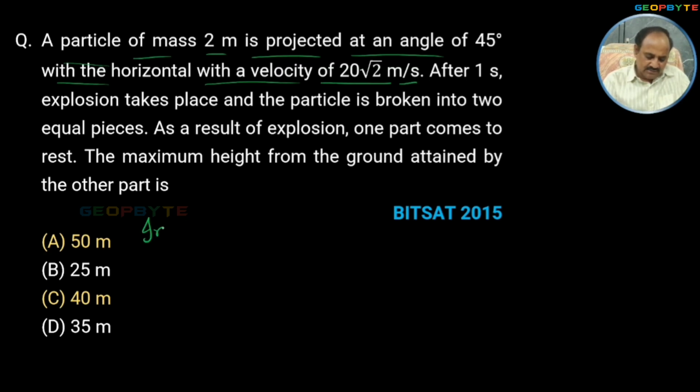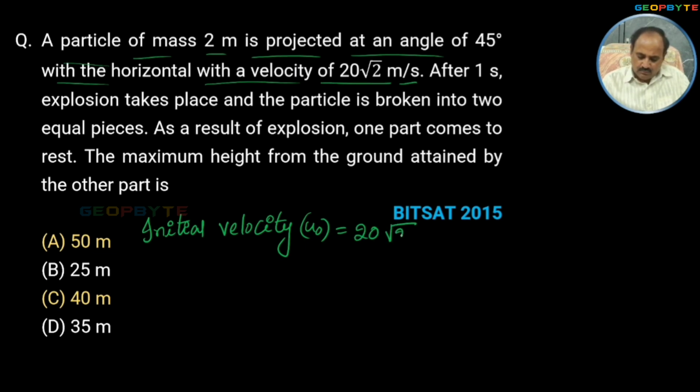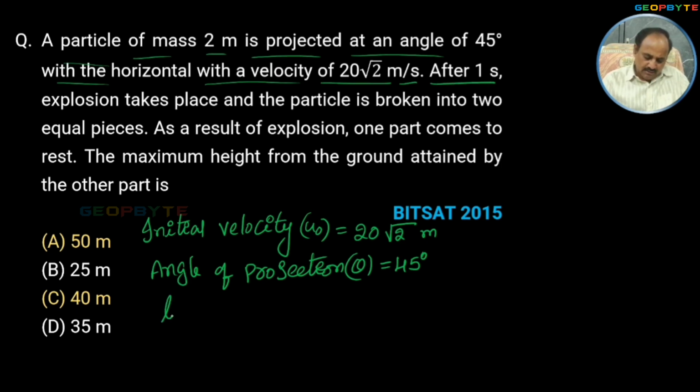That means initial velocity u naught is equal to 20 root 2 meter per second, angle of projection theta equal to 45 degrees, and the time t is given as 1 second.